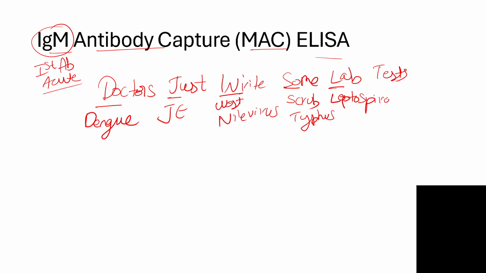And what does T stand for? T stands for toxoplasmosis. These are the important ones. There are many more, but these are the important infections for which we do the IgM antibody capture, MAC ELISA. Okay, now let's move ahead.